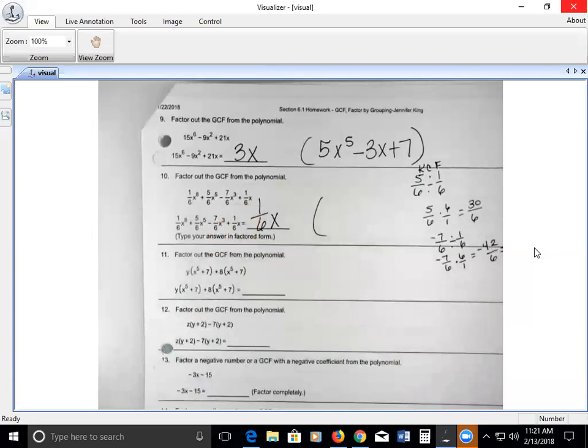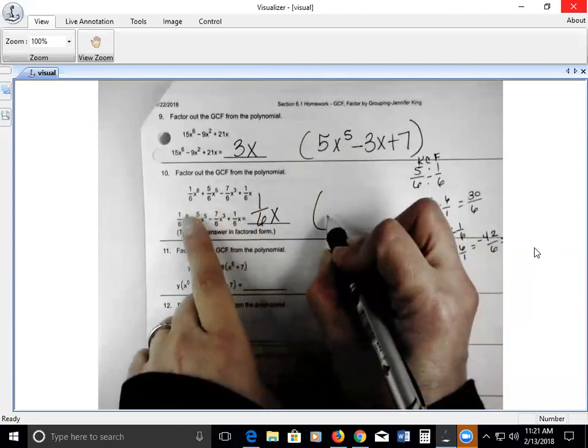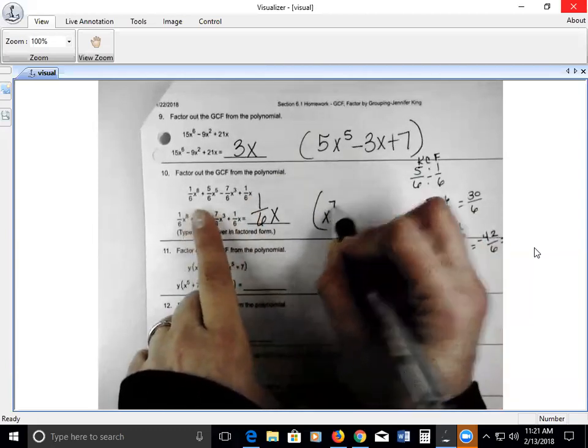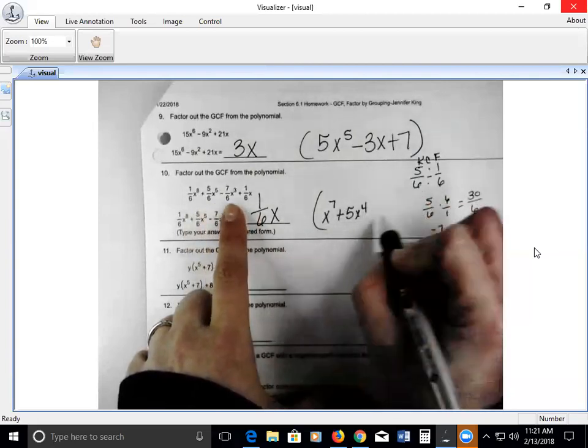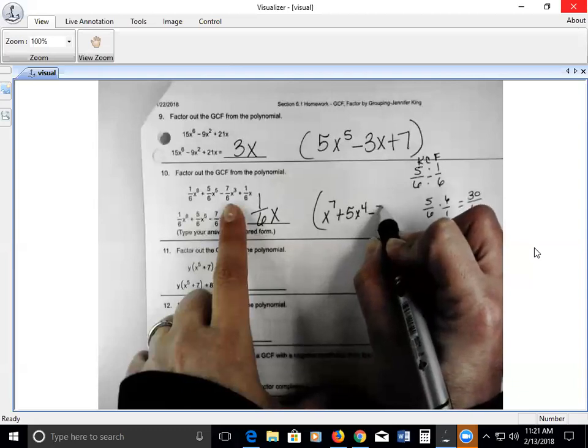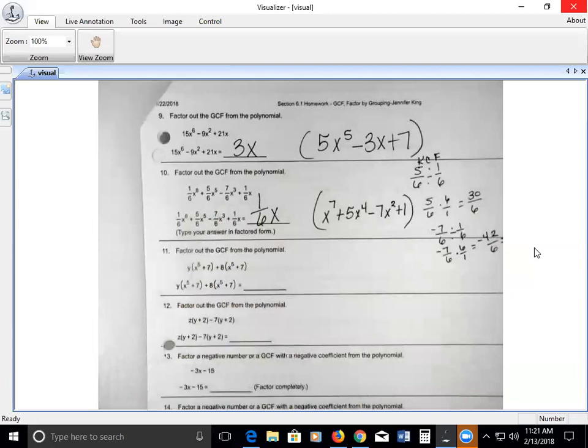Because x to the first minus x to the first gives us 1. What was our remainder? X to the 7th plus 5x to the 4th minus 7x to the 2nd plus 1. I agree. Okay, now that's just your remainder. That's what's left over inside of your parentheses.